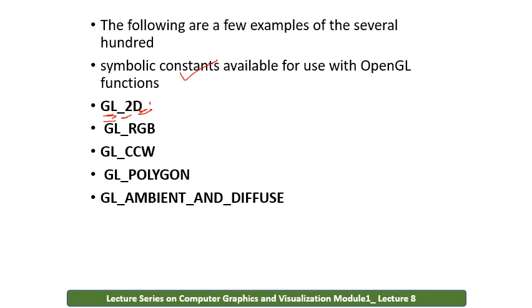So GL_2D is one parameter, passed as a symbolic constant to the function. Same thing with GL_RGB, GL_CCW, GL_POLYGON. If there is more than one word, each word is separated with an underscore. There should not be any space between the two words, like ambient and diffuse, so they should be joined with an underscore. If there is only one word, one symbol is sufficient. So these are the different symbolic constants that can be used in OpenGL.